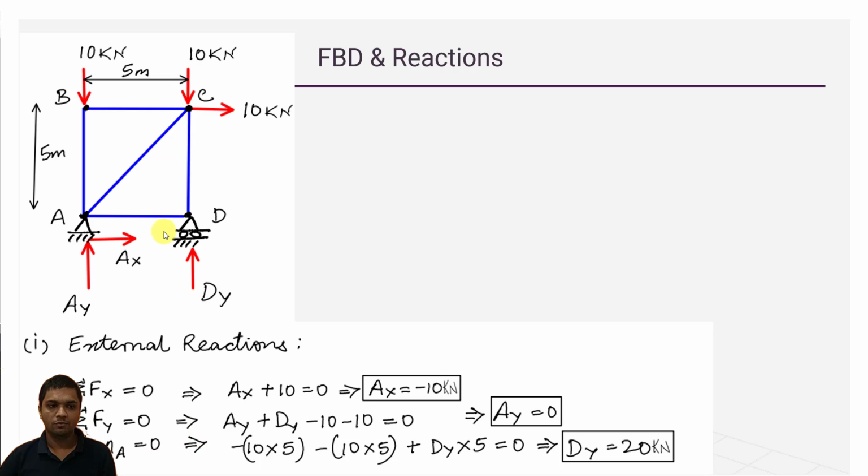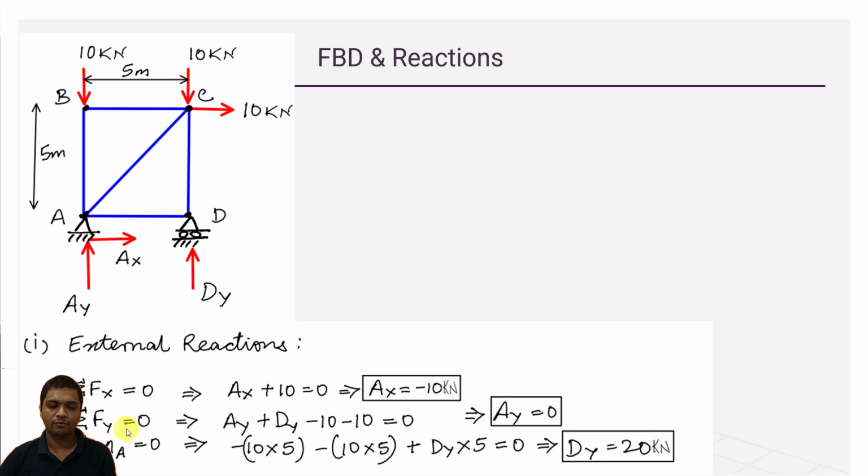So we'll write down minus 10 into 5, plus 10 into 5, right? And Dy into 5, right? We're taking anti-clockwise as positive and clockwise as negative. So that will give us Dy equals to 20 kilonewton.